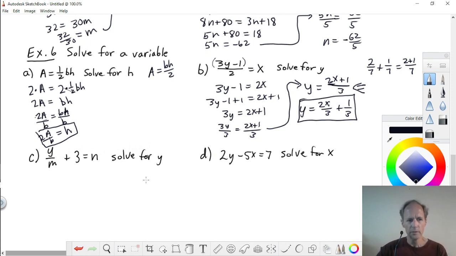All right, couple more. Next one says solve this for y. Get the y by itself, just like a regular problem. I'm going to subtract 3 from both sides. So on the left, it'll just leave y over m. On the right, it'll leave n minus 3. Almost done. Multiply both sides by m. I'll write this one out this time.